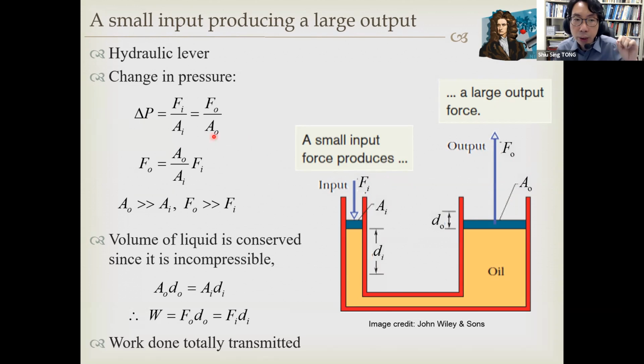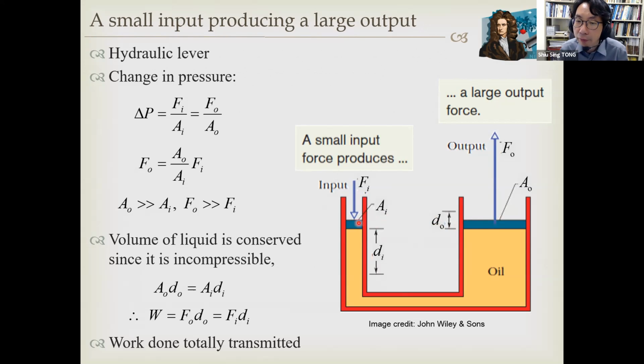Since the change in pressure will be the same on both sides, that means delta P is equal to F_i over A_i and is equal to F_o over A_o. If I apply the pressure here, that pressure change will be immediately felt on the other side.